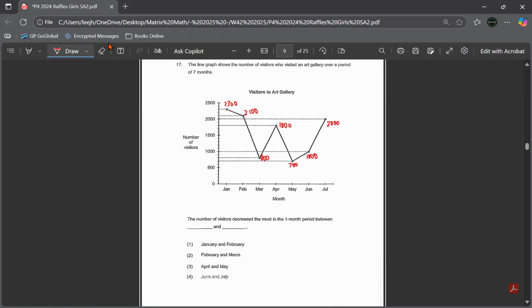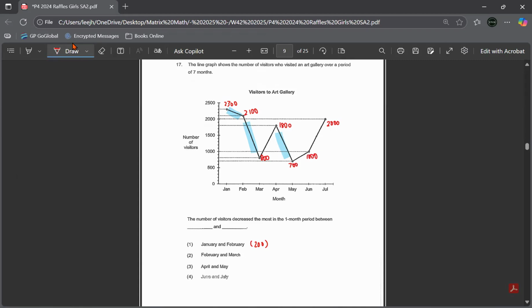So I need to know from January to February, what is the decrease? If you focus on the decrease, there are three decreases here, here, and here, right? So let's look at January to February. The decrease is 2300 minus 2100. The decrease is only 200. February and March, 2100 to 800.